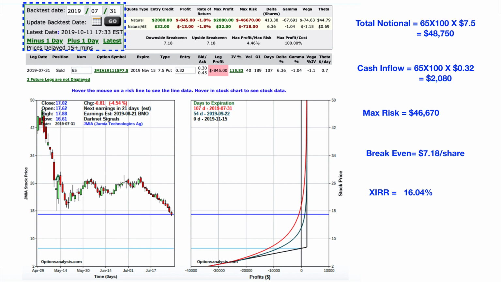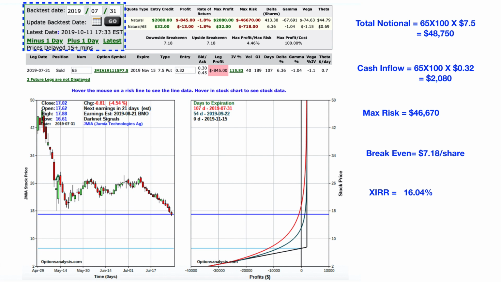So I have used a trade which actually is reasonably close to expiry, and also a trade for which the stock price is somewhat around the strike price. So this is a paper trade which I actually did on the 31st of July 2019.